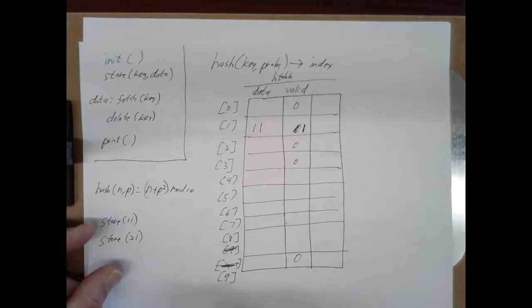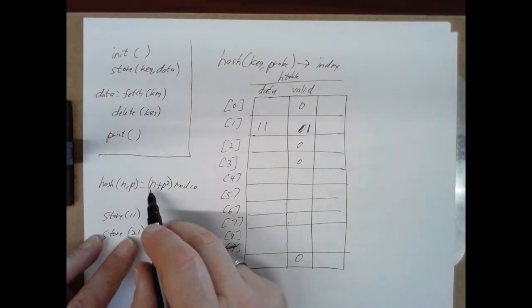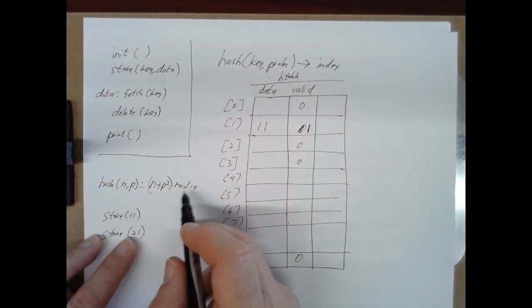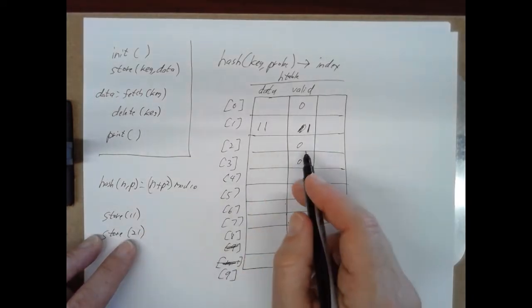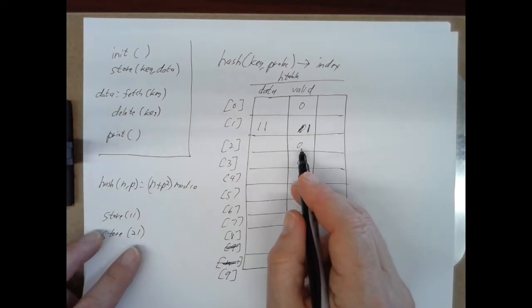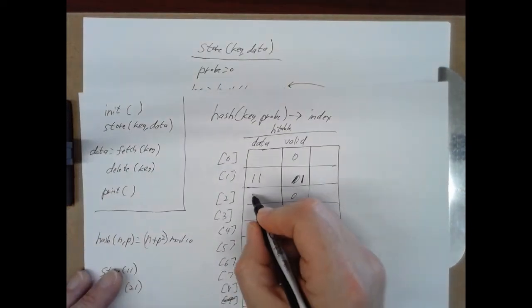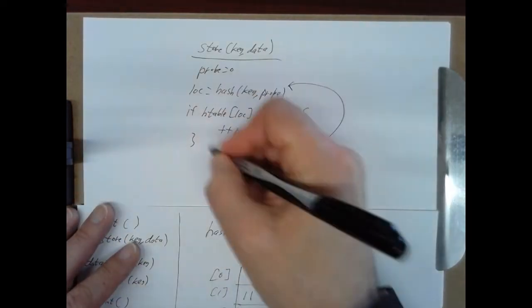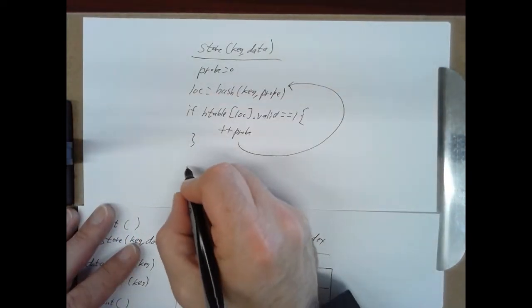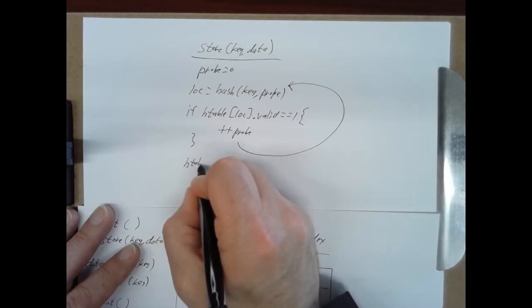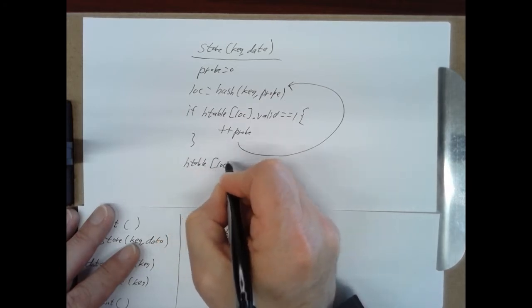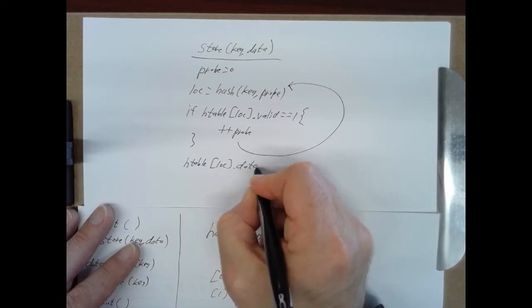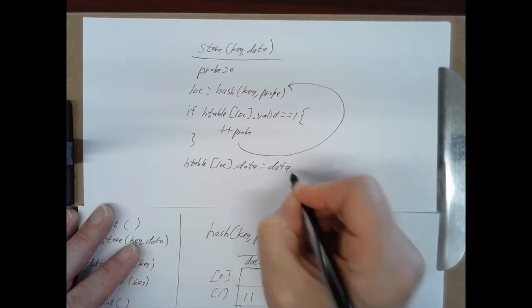So in this case, we'll set our probe to 1. We'll calculate 21 plus 1 squared is 22. Modulo 10 is 2. That's valid. That valid flag is 0. So our 21 will get stored here. So once we come out of this loop, then we'll just say H table bracket location dot data equals data.